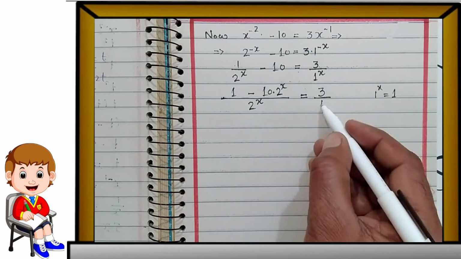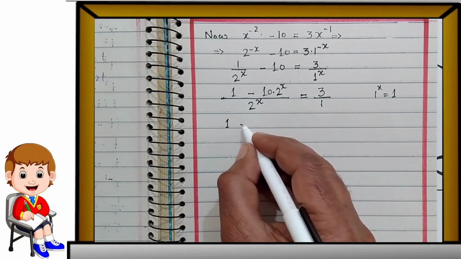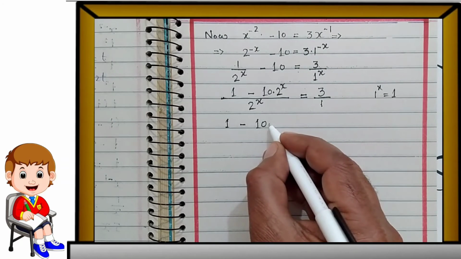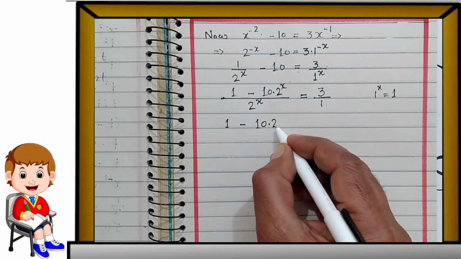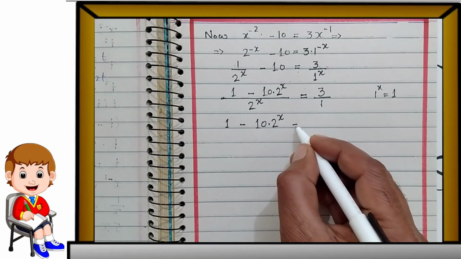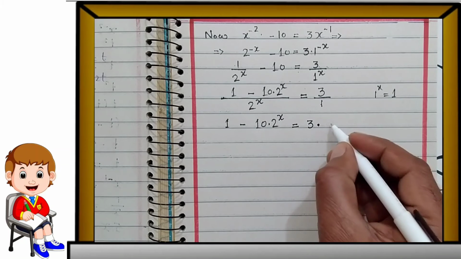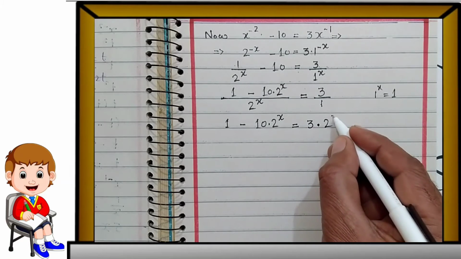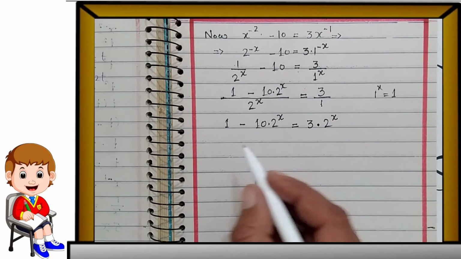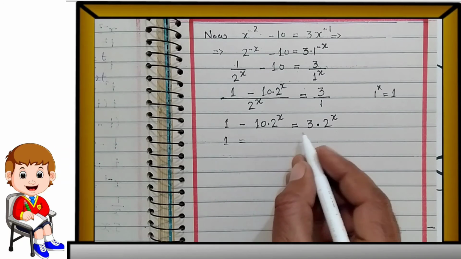Now we cross multiply. 1 multiplied on the left side, same 1 minus 10 dot 2 raised to x as it is, and 2 raised to x will multiply on the right side with 3. So 3 dot 2 raised to x. Here now we standardize the equation and put minus 10 dot 2 raised to x on the other side.